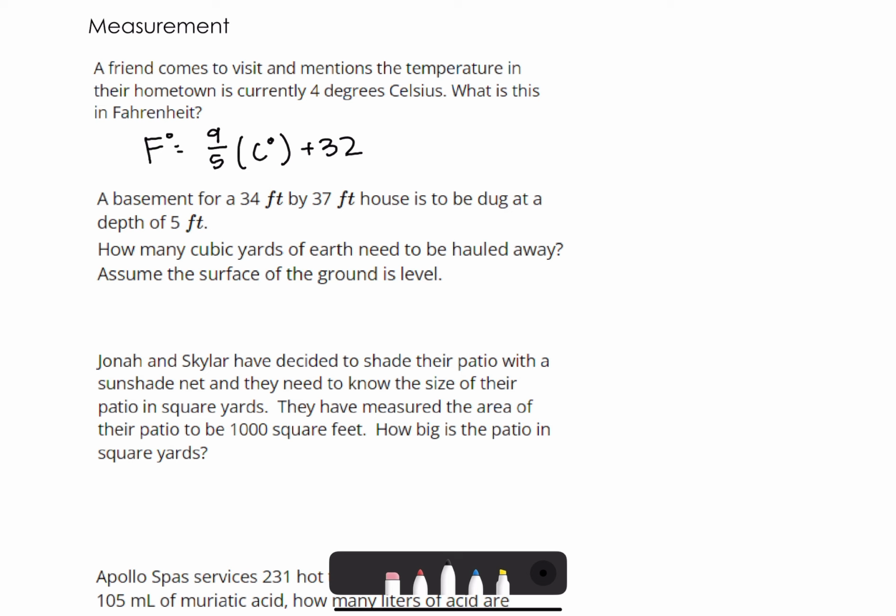So to find Fahrenheit, we do 9/5 times 4 plus 32. You should get 39.2 degrees.